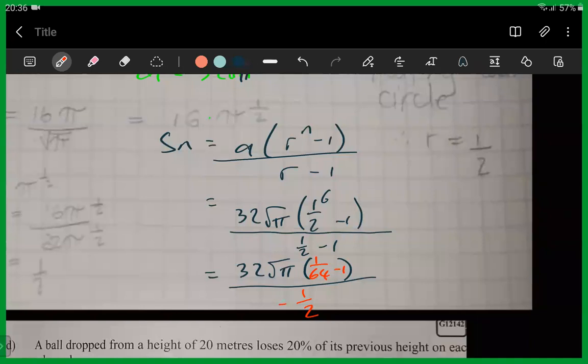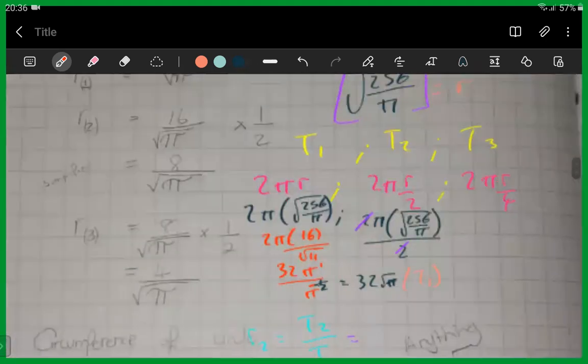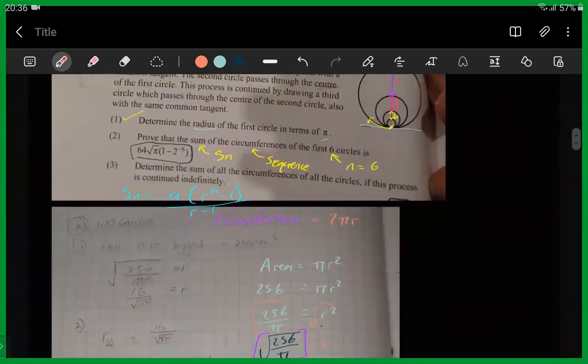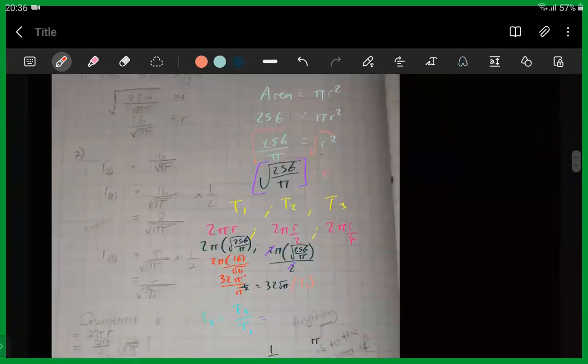Okay, so does it prove that, right? That equation will be equal to the equation that they gave us in our question. So, carrying on to get that. Oh yeah, I see your point.